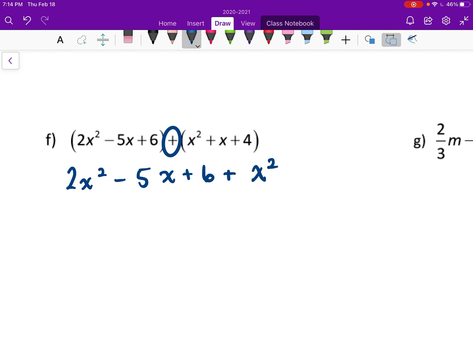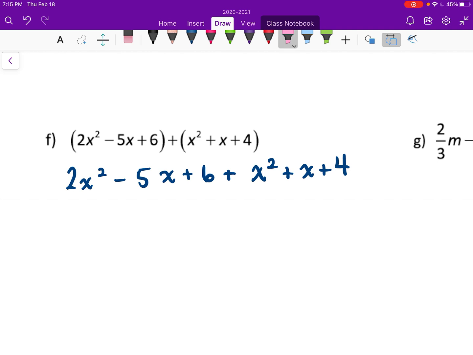So I'm going to have x squared plus x plus 4, because you're going to multiply everything inside of this bracket by positive 1. But that's fine because positive 1 times everything inside the bracket is just the same number. Okay? So, now that you have that, you can just go in and collect your like terms.